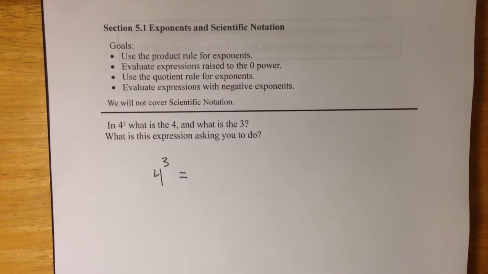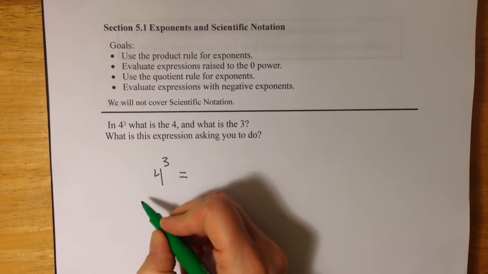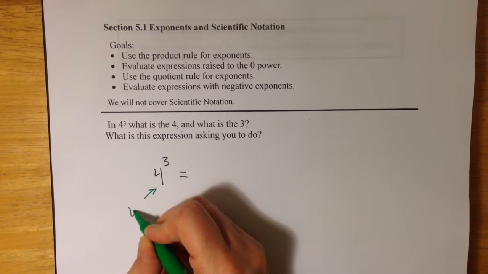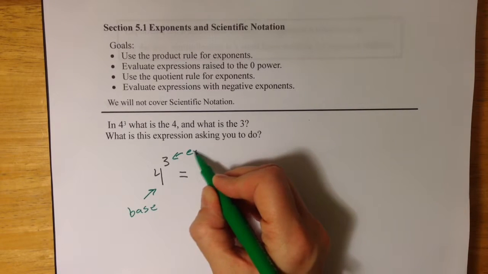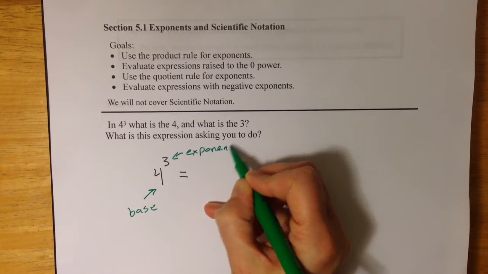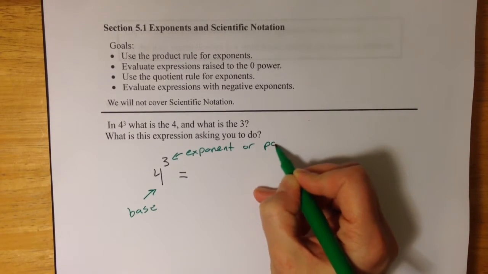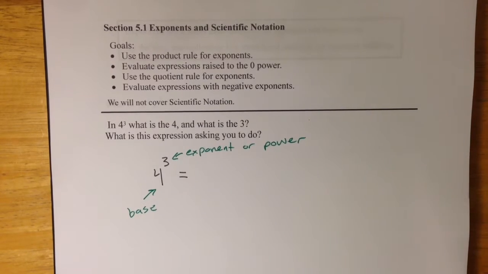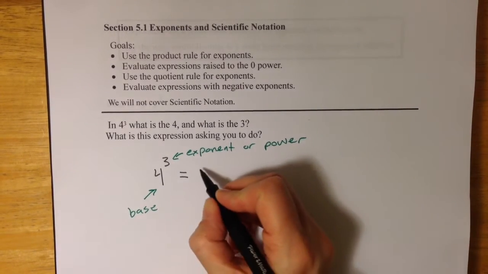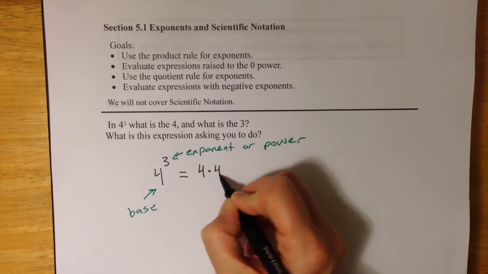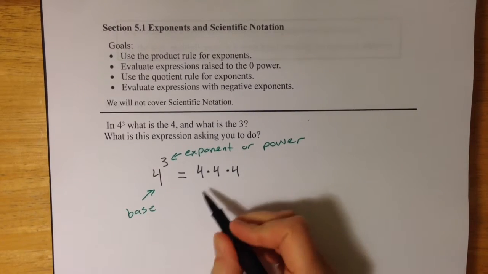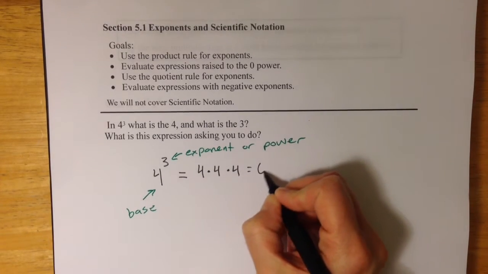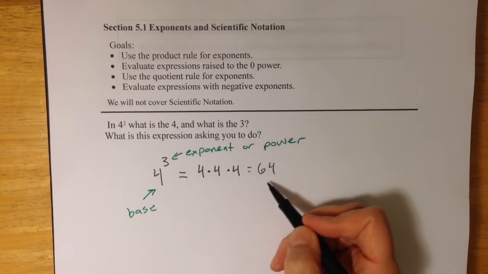In the expression 4 cubed, we call the 4 the base and the 3 the exponent or the power. 4 cubed means to take 4 and multiply it by itself 3 times. So 4 times 4 times 4. Then finally 4 times 4 times 4 is 64. So 4 cubed is 64.